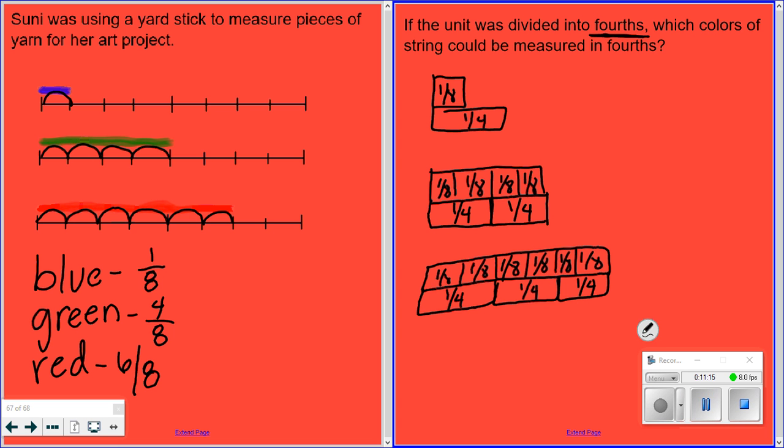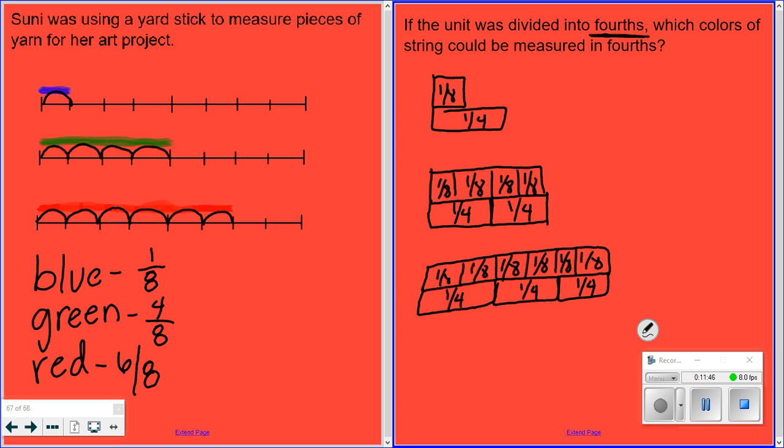But I could count the green piece, and I could count the red piece. They were big enough to be counted with 1/4 pieces. Question number 3 is just asking you how many 1/4 pieces was the red piece and the green piece. I think the last question you can figure out.